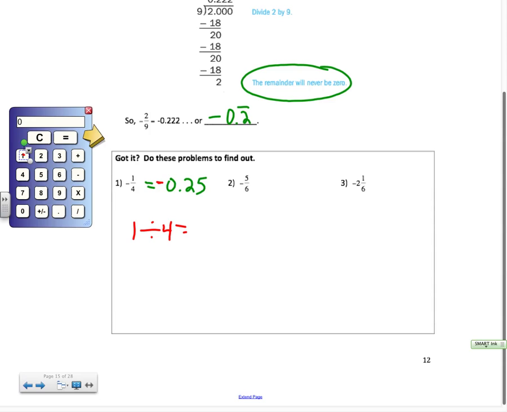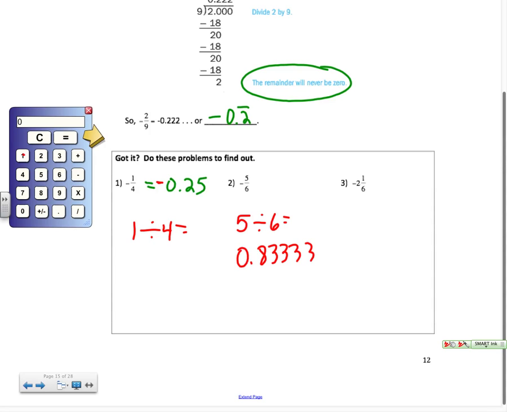All right, negative 5/6. Go ahead on your calculator and do 5 divided by 6. Would somebody tell me what your calculator display says, Ralphie? 0.83 repeating. All right, so the calculator says 0.83 and that 3 goes on and on and on.